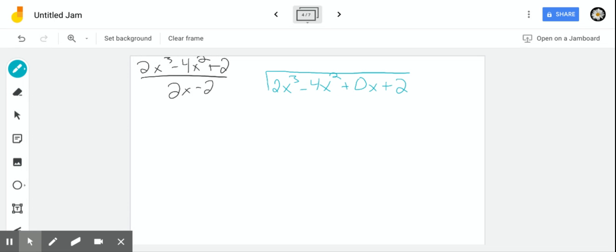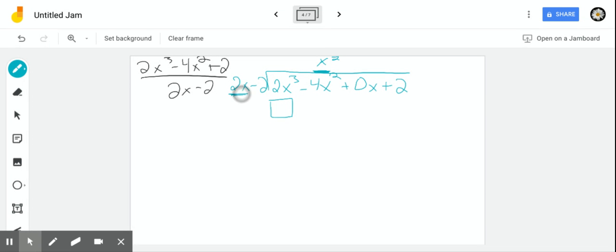All right, we're going to divide this by 2x minus 2. And we're going to proceed the same way. And I'll show you why that 0x is important. Our goal is to get a 2x cubed. So we're thinking what times 2x gives us 2x cubed. And we're going to need an x squared.